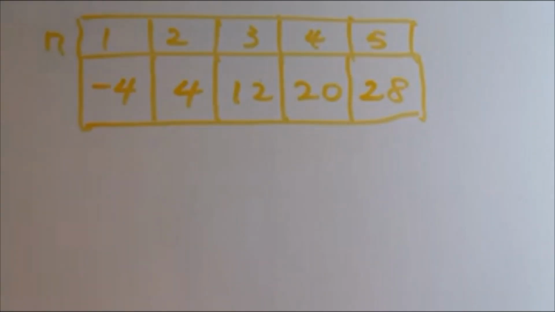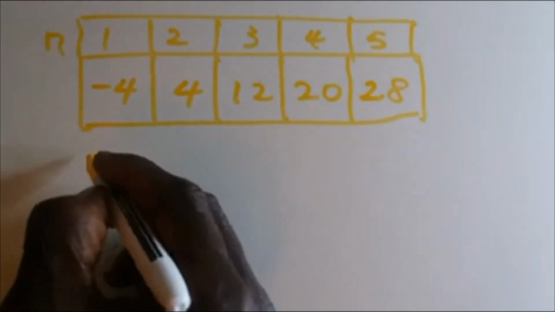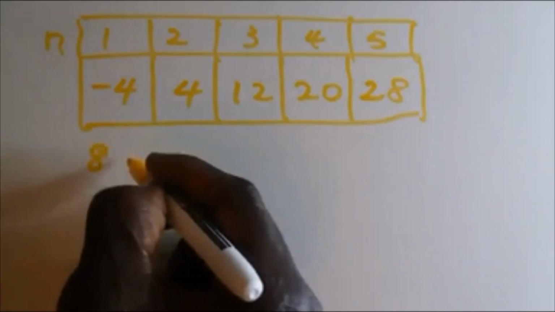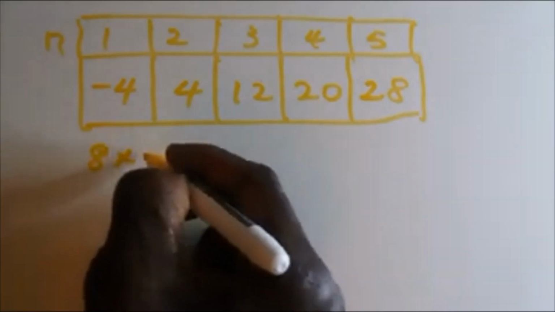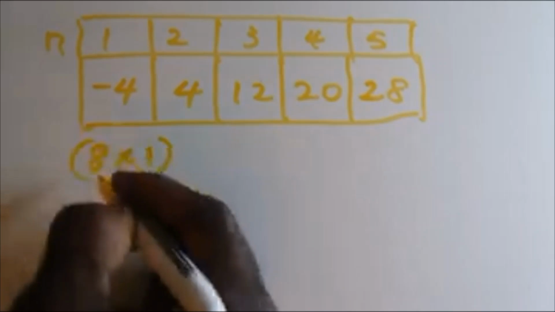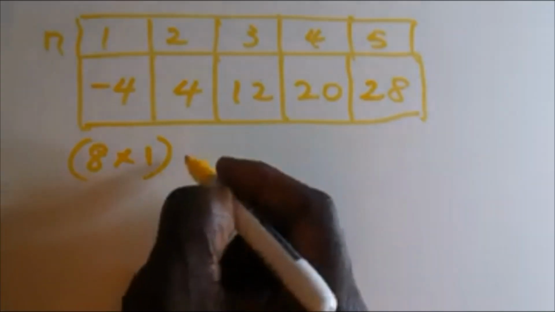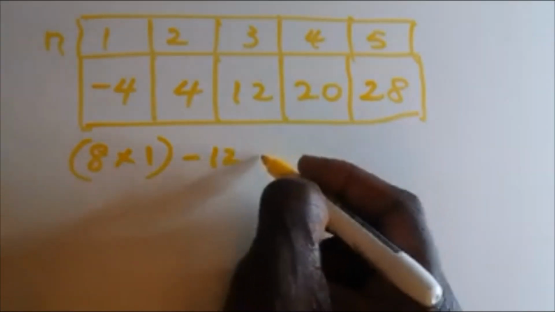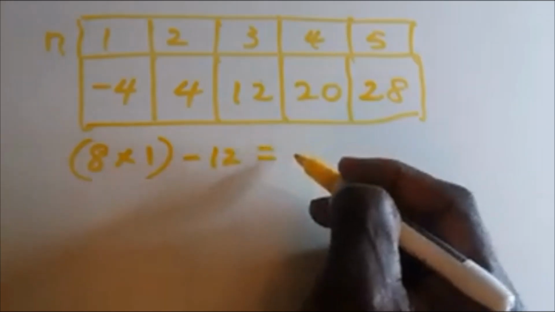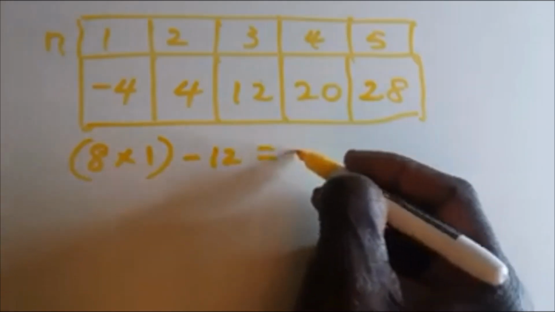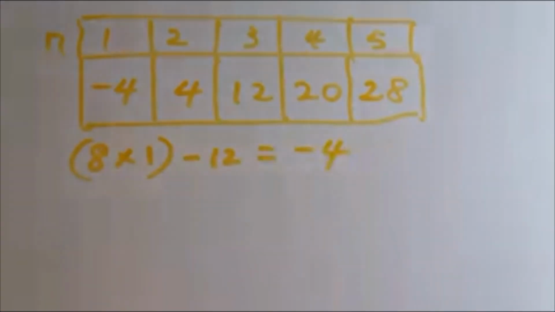So the first guess will be to multiply 8 by the first term, and that will give us 8. But how would we get to -4? Well, if we take away 12 from that, it will give us 8 minus 12, which is -4. So that's our first term.